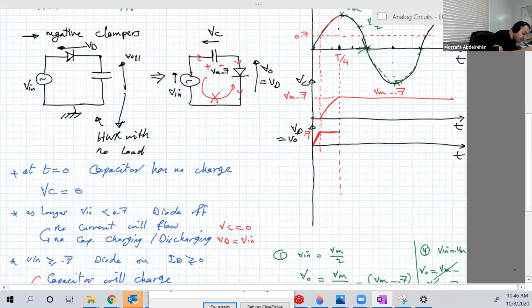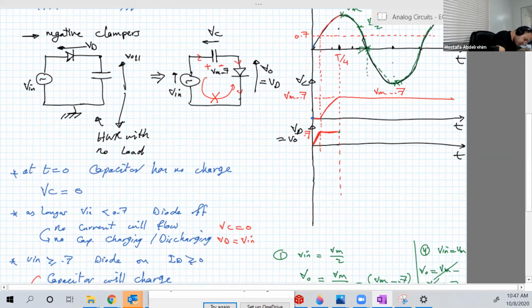So we're going to draw the same. I will draw now this exact same shape here, exactly the same, but leveled down by Vmax minus 0.7. So it will be something like this.